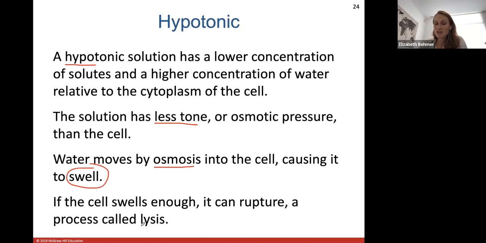And it could eventually go through a process called lysis, where it actually ruptures or splits apart. So that is placing a cell into a hypotonic solution.